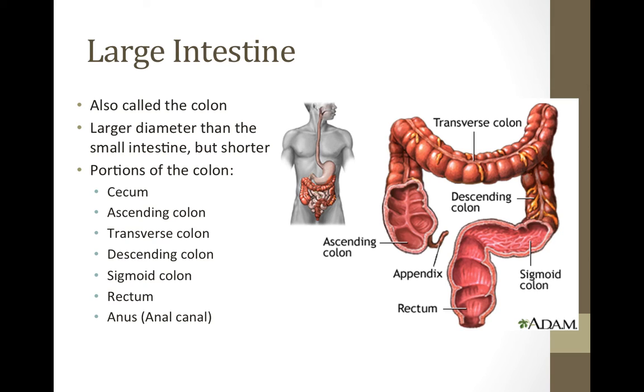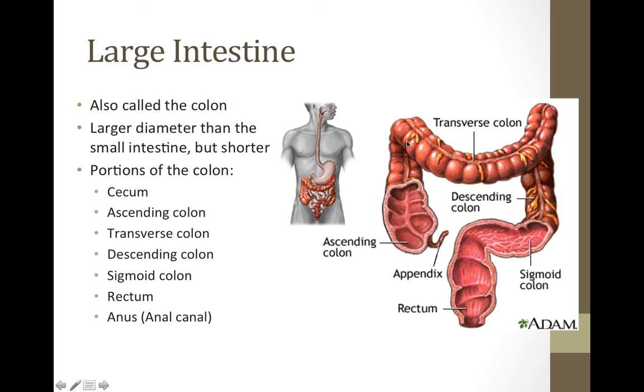Okay, so digested matter enters the large intestine from the small intestine right here in what's called the cecum. Okay, so this is going to enter this region, and the cecum is just kind of a large pouch at the start of the large intestine, and food matter is going to travel up.